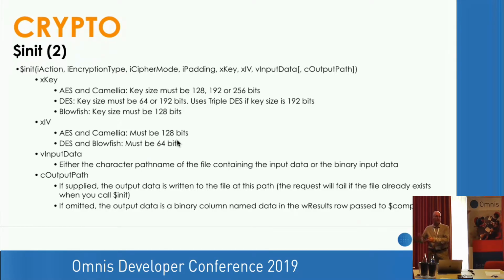It will be done piecemeal as necessary, so it's a more efficient way of dealing, especially with large files. Similarly, you can specify an output path to actually write your encrypted or decrypted data directly to a file, which again is good for large amounts of data. Alternatively, you can output the data that you've encrypted or decrypted to just binary.